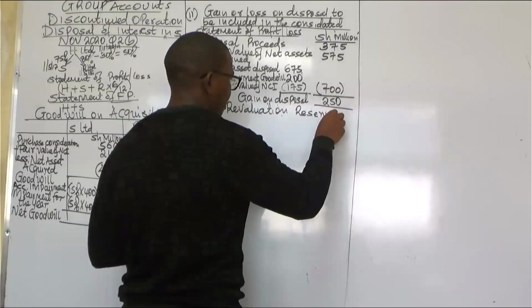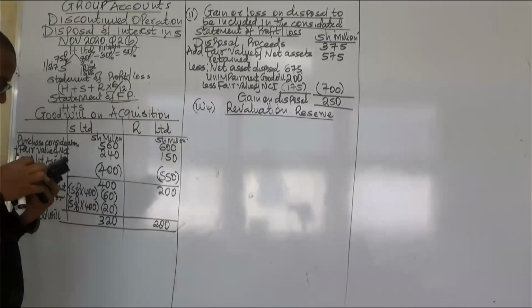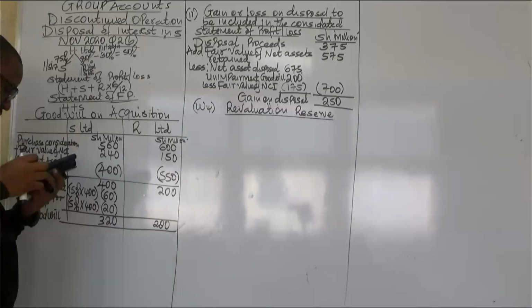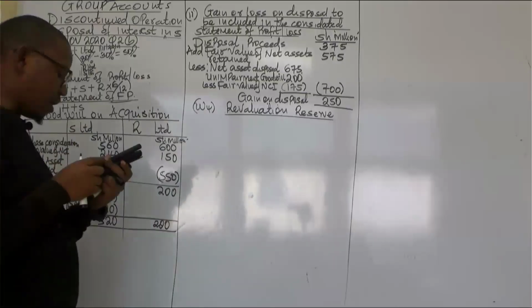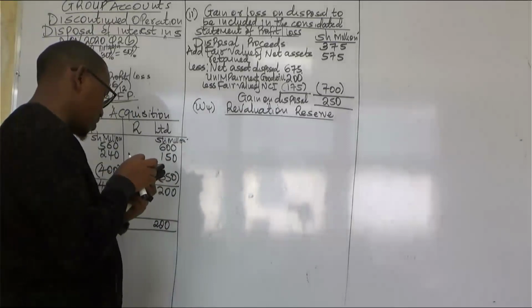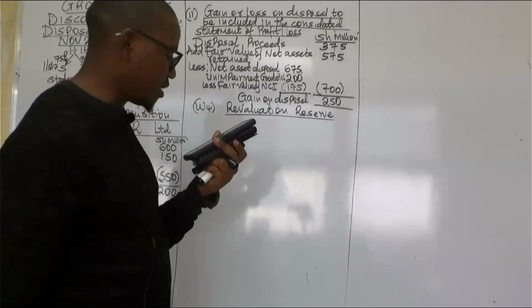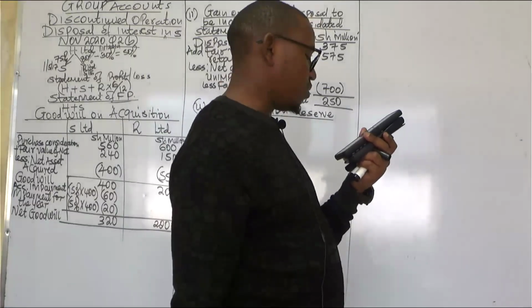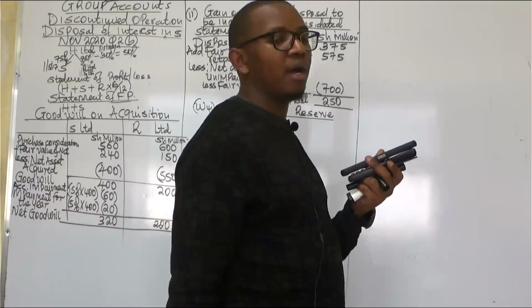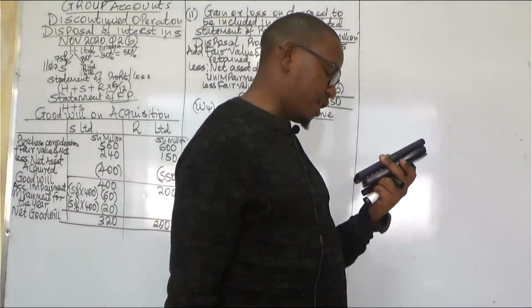I want you to be keen here. This is what you've been given in that question. On the third line there, after the goodwill, we were told that the ordinary share capital and the retained earnings of S Limited as at the date of acquisition were 100 million and 200 million respectively. There were no other reserves.